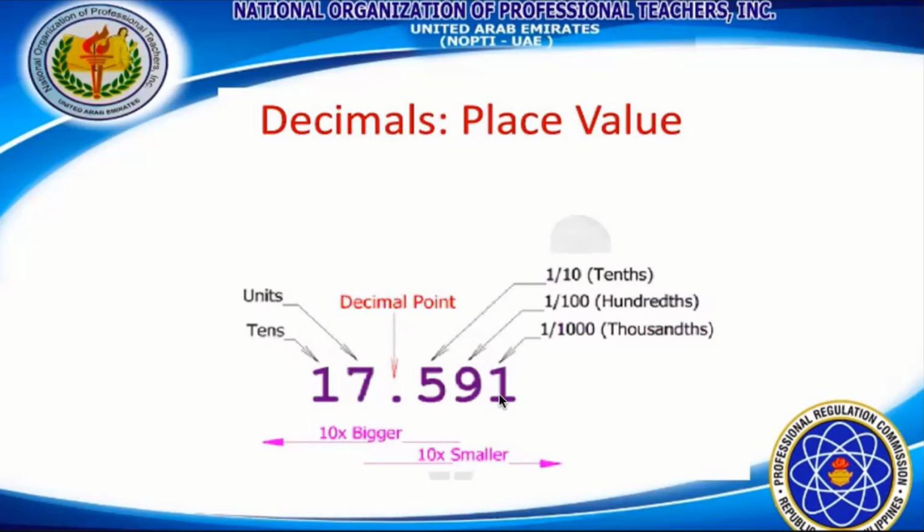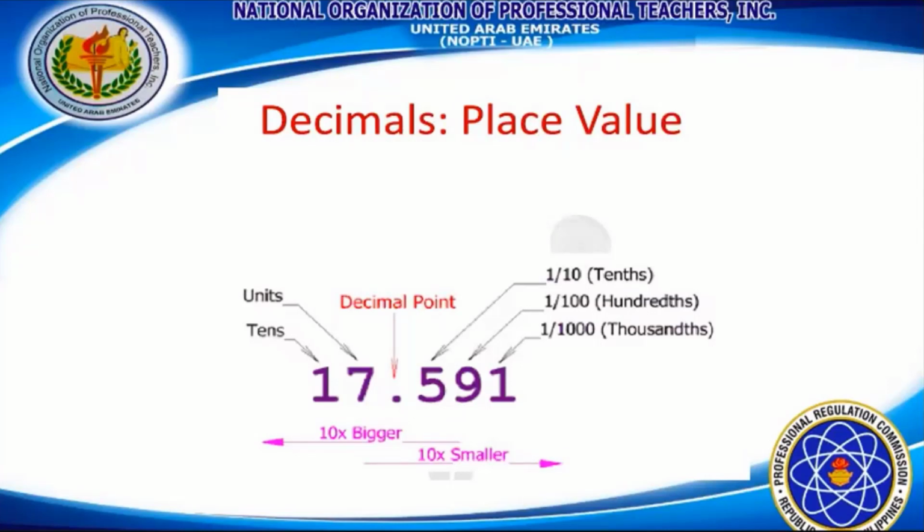So, pag sinabing express your answer to the nearest hundreds, eto, ang sagot mo ay 17.59. But if you are asked to express your answer to the nearest tens, your answer becomes 17.6. Kasi 59 na siya. Hindi na siya 17.5. Instead, 17.6.